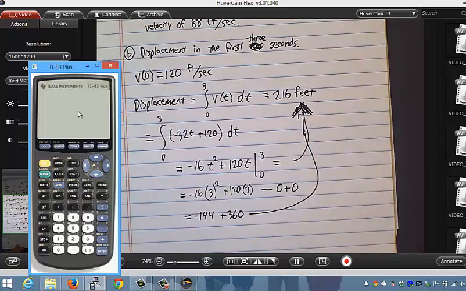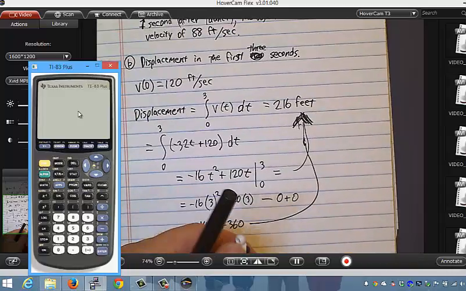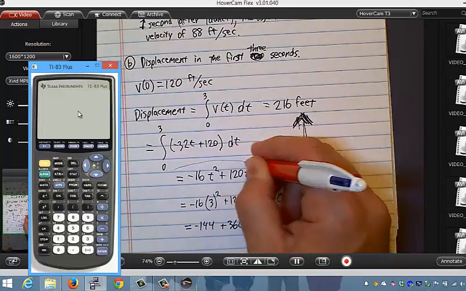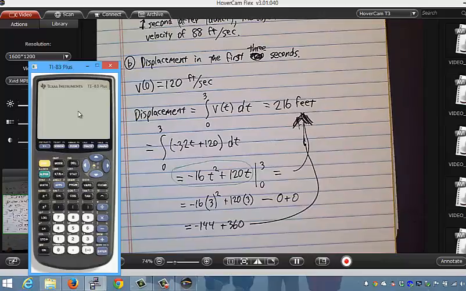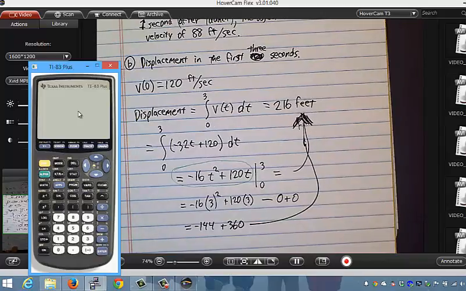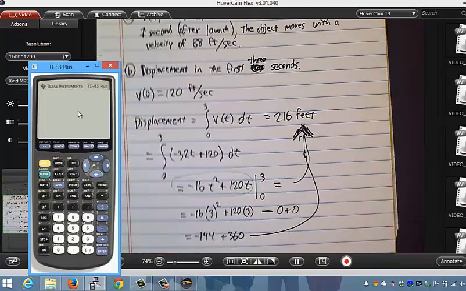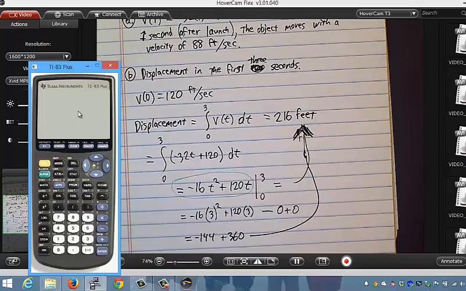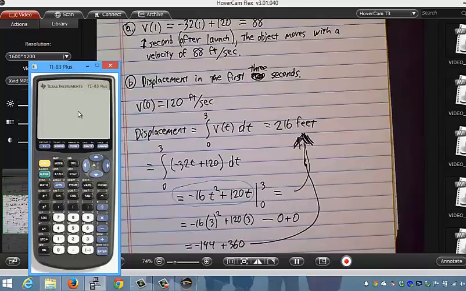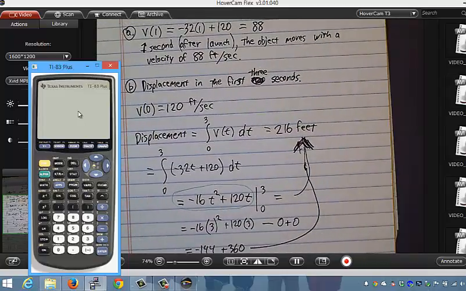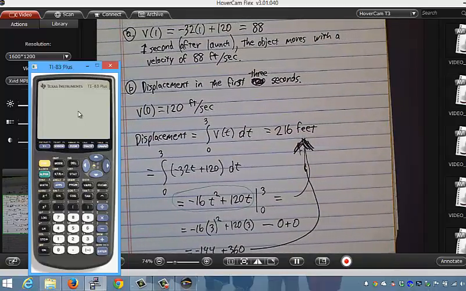But I think what I really want to focus on here is this right here. Negative 16t squared plus 120t. What shape is that? A parabola opening up or down? Which way? How do you know?